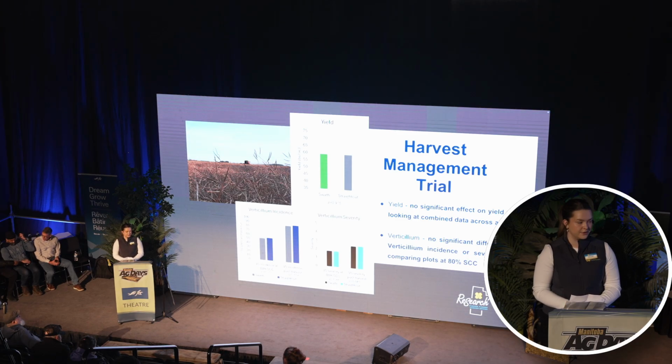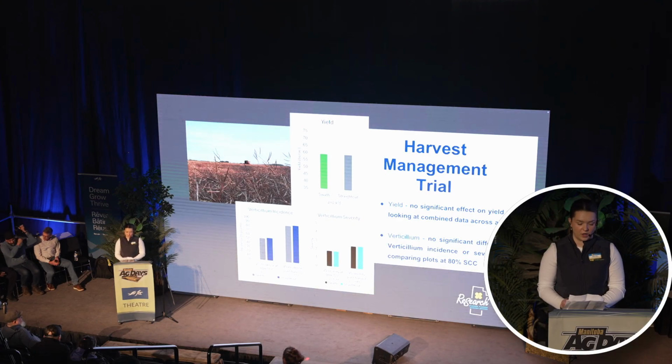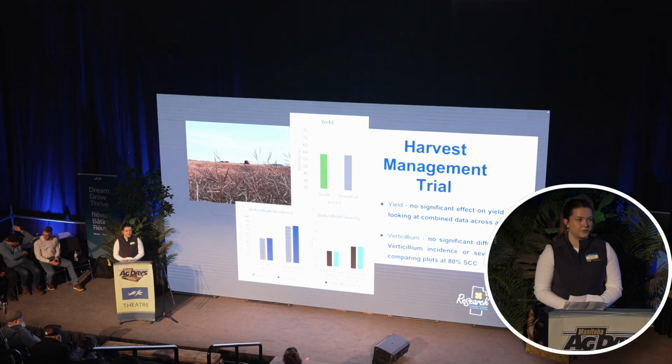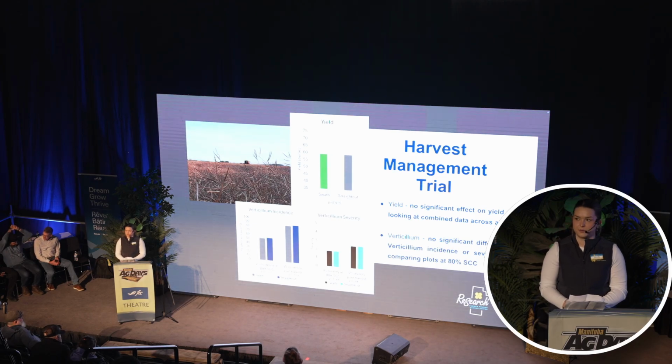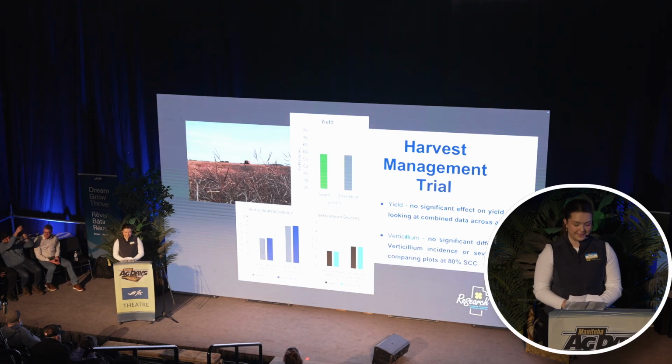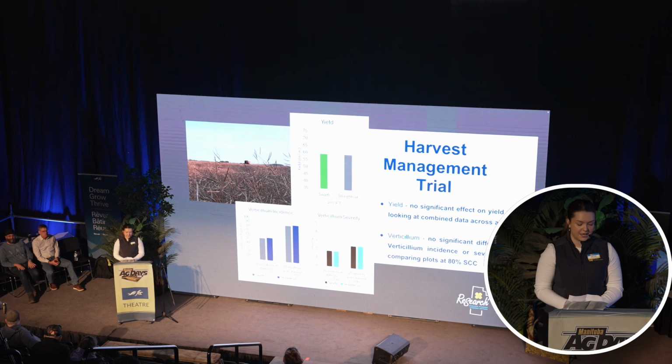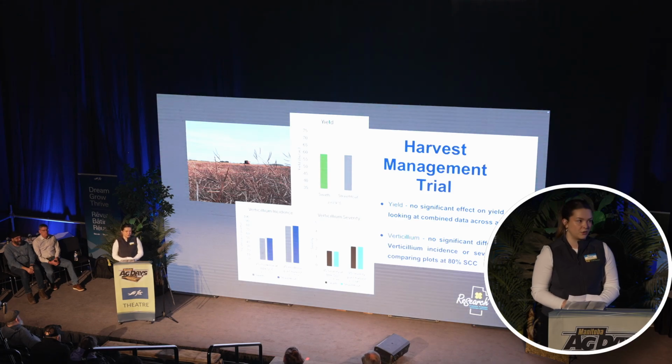No significant difference in verticillium incidence or severity when comparing swath and straight cut plots at 80% seed color change and post-harvest. These results are to be expected as there were really no actual treatments applied other than operation timing. The interest lies with the 2026 spring soil sample.